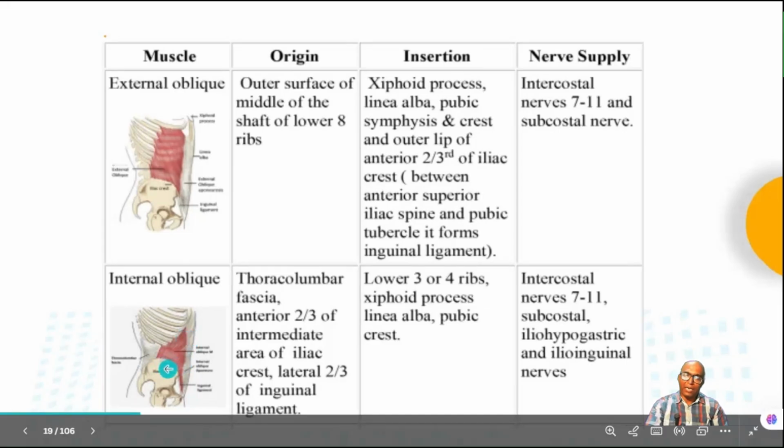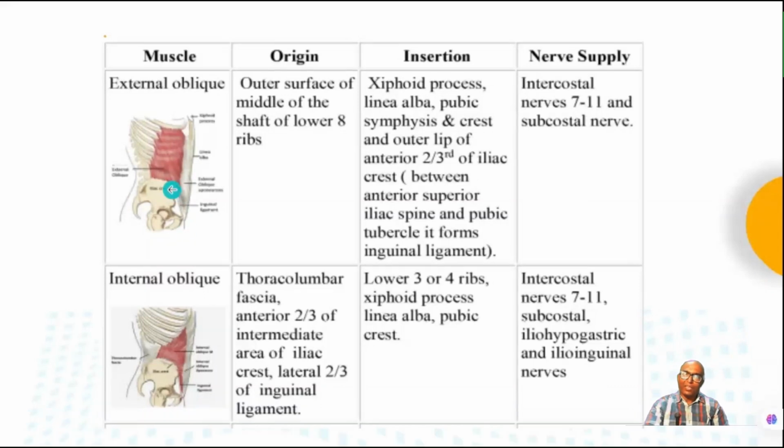The outer part gives insertion to the external oblique. The middle part gives origin to the internal oblique, in the anterior two-thirds of the iliac crest. It is also coming from the lateral two-thirds of the inguinal ligament, and this inguinal ligament is nothing but the inferior border of your external oblique itself. You got it.